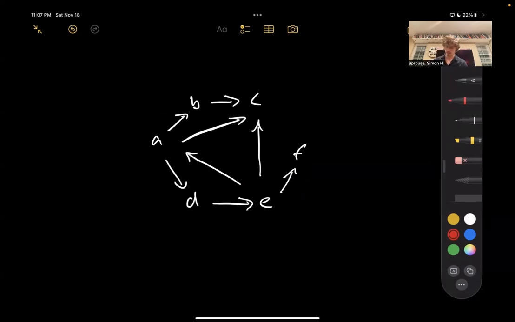Imagine we're doing DFS, and we're starting at node A. I'm going to mark that with a 0 to indicate that we have just started traversing. Let's randomly walk this direction. I'm going to use these numbers to represent the steps I take in this traversal. So A goes to B, B goes to C.